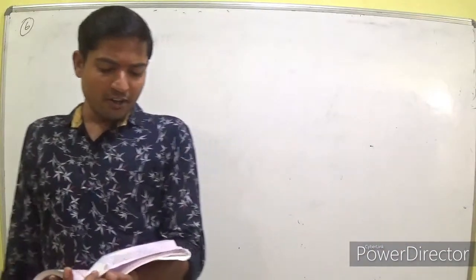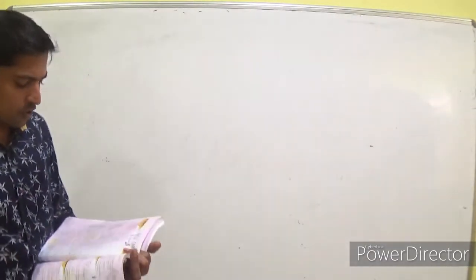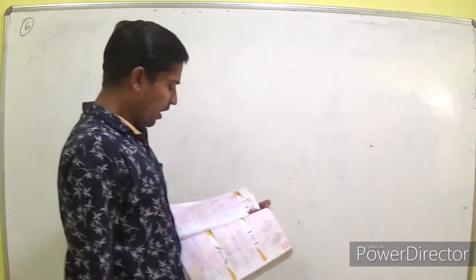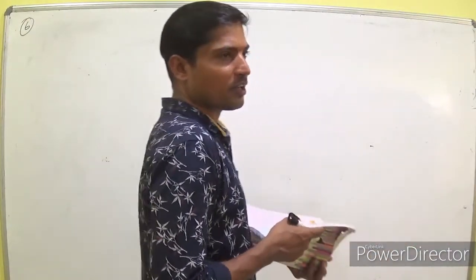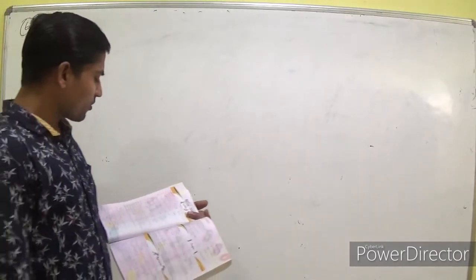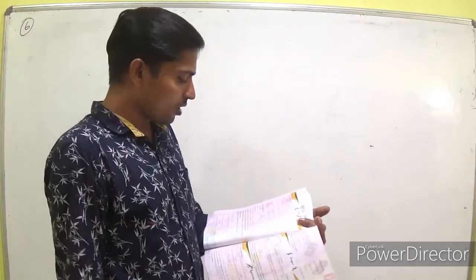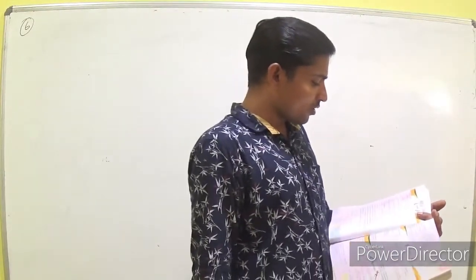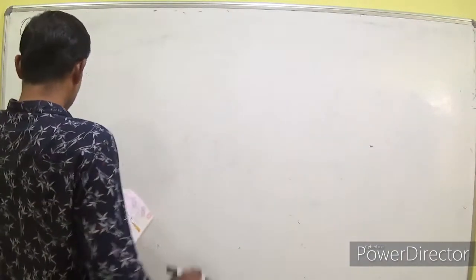If the points are conjugate with respect to the circle, then k is equal to? When the points are conjugate, then S12 equal to 0, just as we solved before. This is a multi-answer question, so we will explain that.